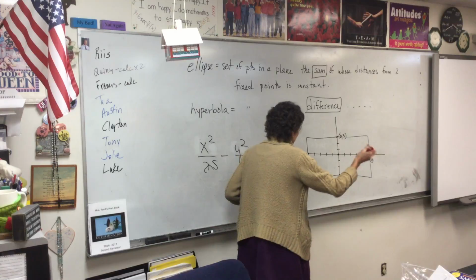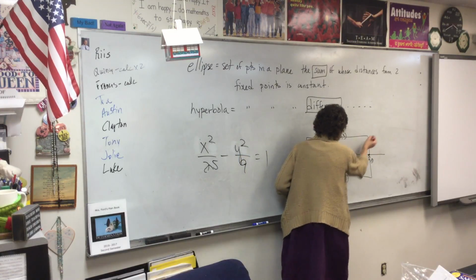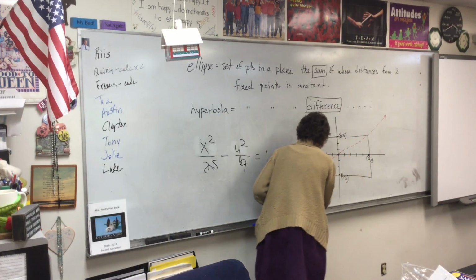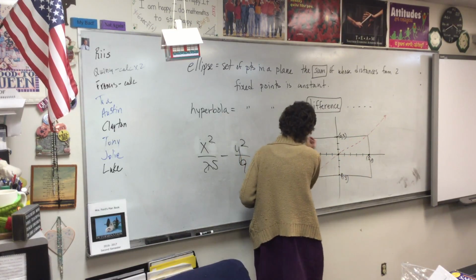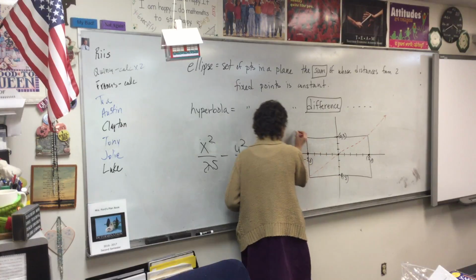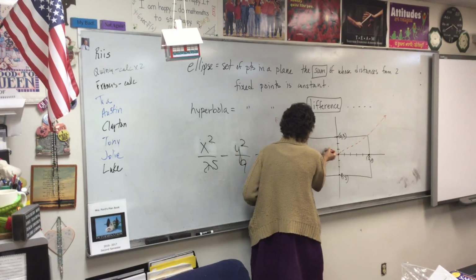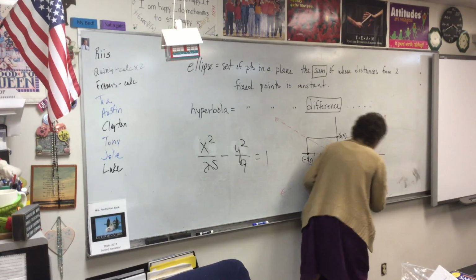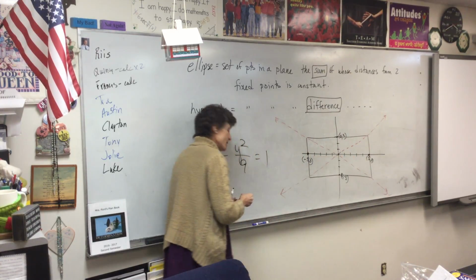Then, I want you to take your pencil and draw in the diagonals of the rectangle. And traditionally, we use dashed lines because these guys are going to be the asymptotes of the hyperbola.